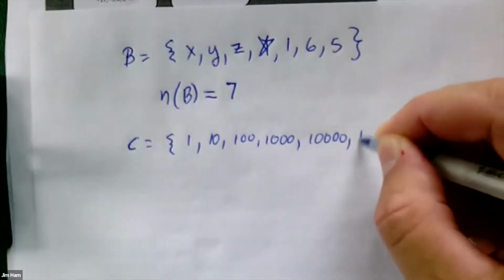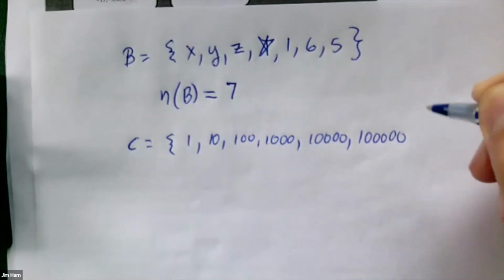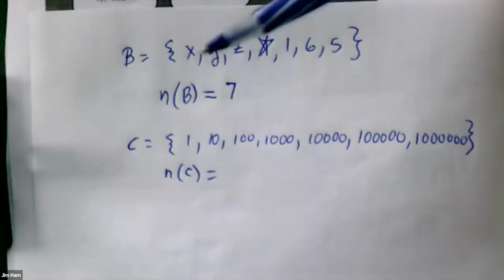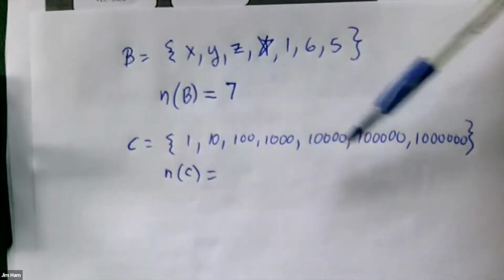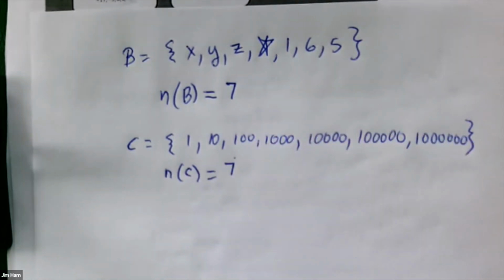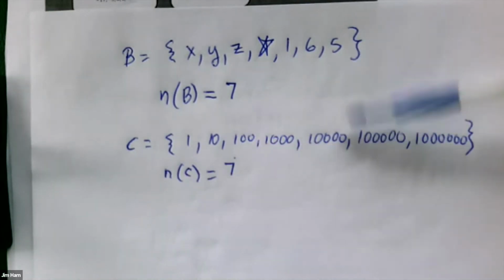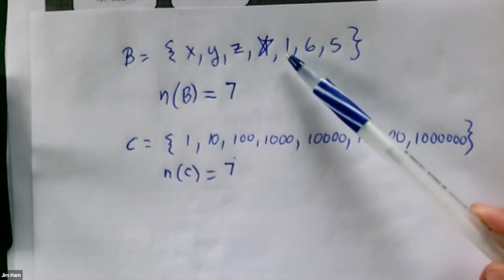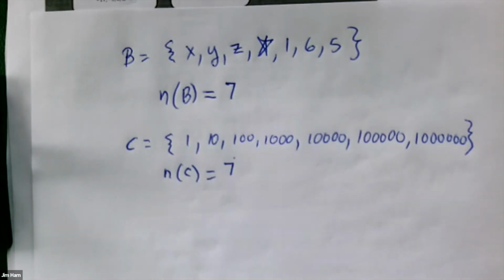These are powers of 10. The number of elements in C: 1, 2, 3, 4, 5, 6, 7. 7. When you have two sets that have the same number of elements, even though those elements don't match at all, well, here they match on the number 1, but the elements are not exactly the same, but they have the same number.